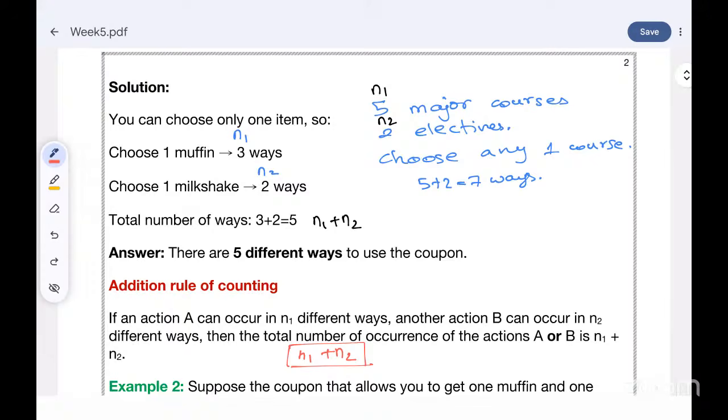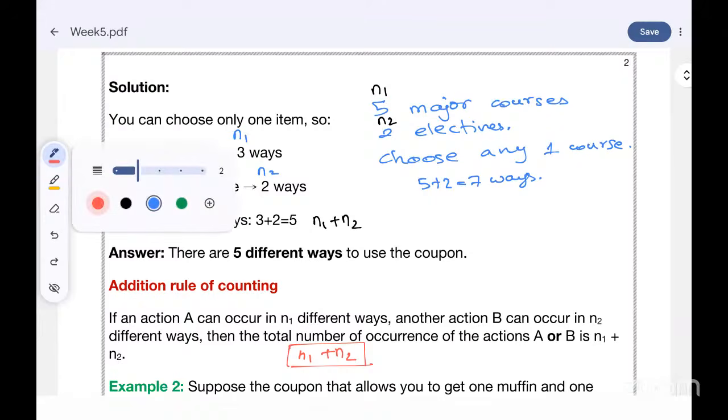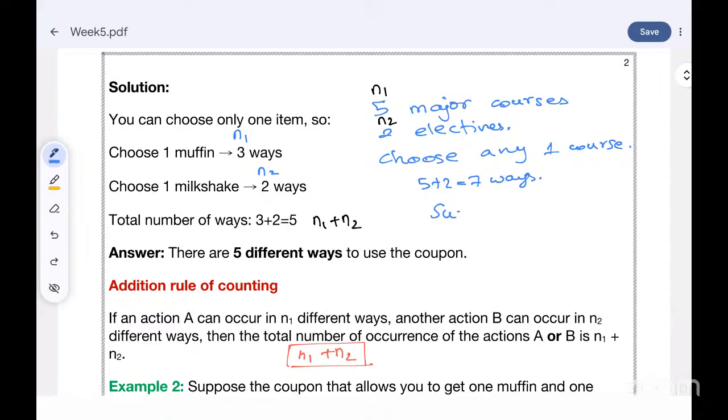Now, instead of just 2 categories, if you have more categories, then what happens? Suppose instead of just 5 major courses and 2 elective courses, there are 3 other additional courses.